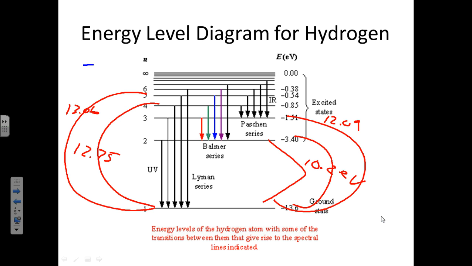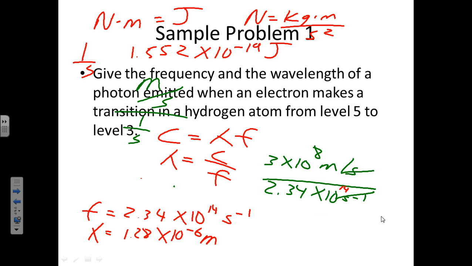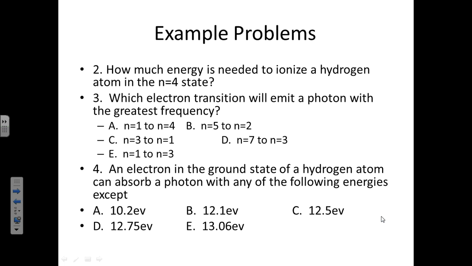So you guys help me remember those numbers: 12.09, 10.2, 12.75, 13.06. Which one of those is not on the list? B. Yep. All those others were exactly calculated, right? That's a little too much. If it's not exact, it won't happen.